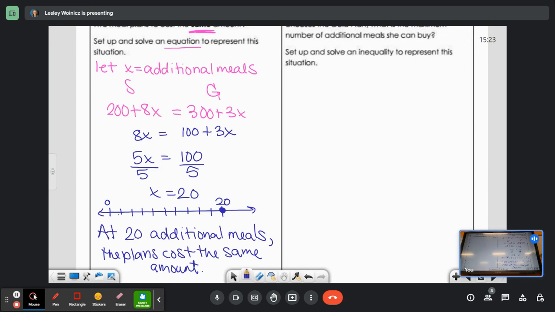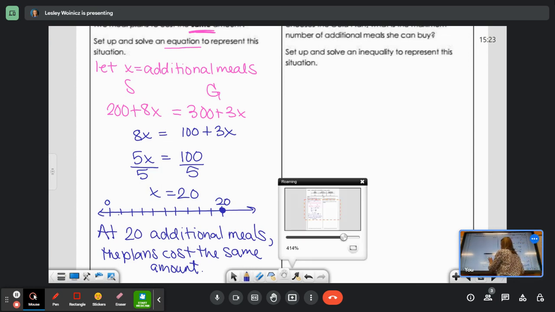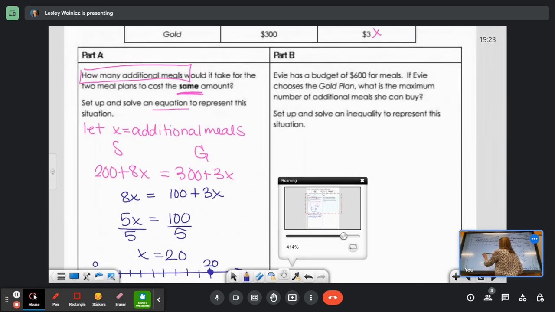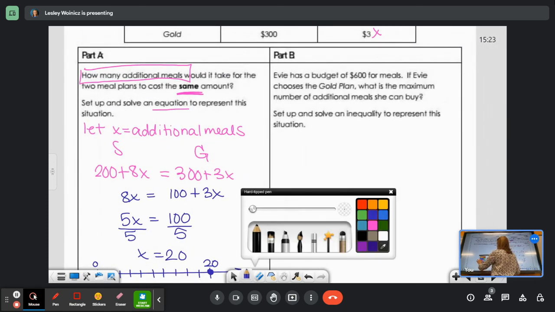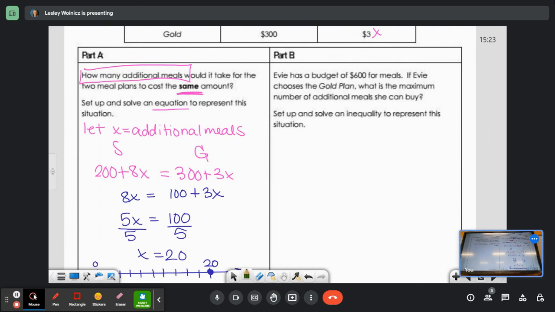All right, let's look at the other side. Part B. Part B says that Evie has a budget of $600 for meals. Ooh, that's some new information. If Evie chooses the gold plan, what is the maximum number of additional meals she can buy?